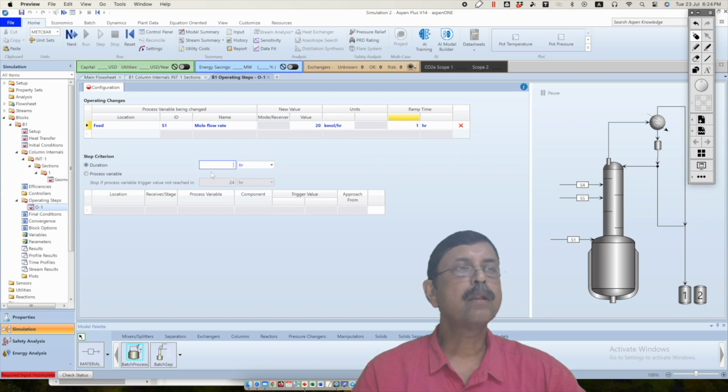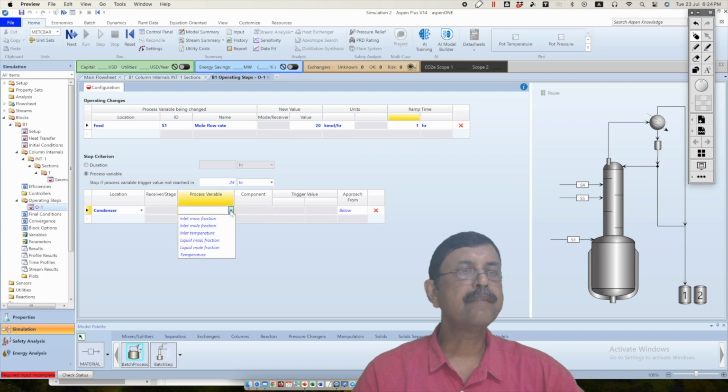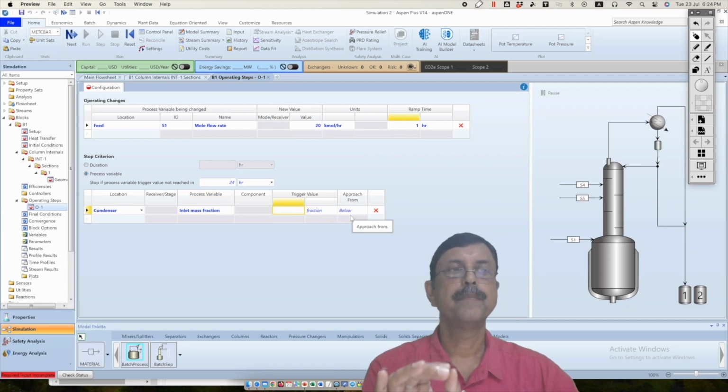Or we can say the stop criteria has a process variable, and that process variable needs to be located over, say, the condenser, and that variable may be inlet mass fraction, and the fraction should be this. As soon as the mass fraction of that particular material goes below that, then it will stop.